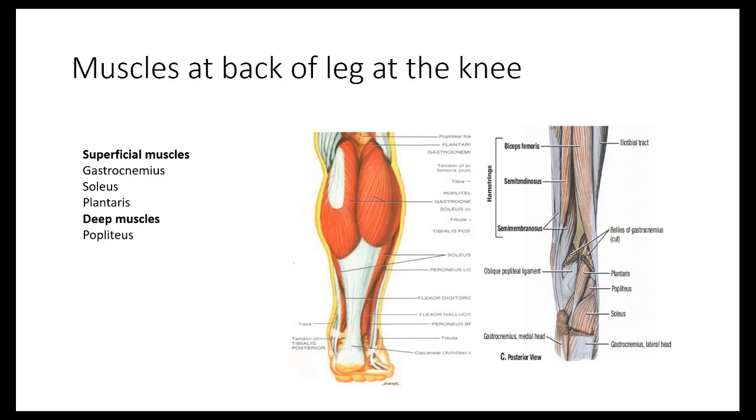It's an oblique, short muscle, where one attachment is to the posterolateral aspect of the femoral condyle, the lateral condyle, and the lateral meniscus, whereas the other attachment is to the soleal line of the tibia.